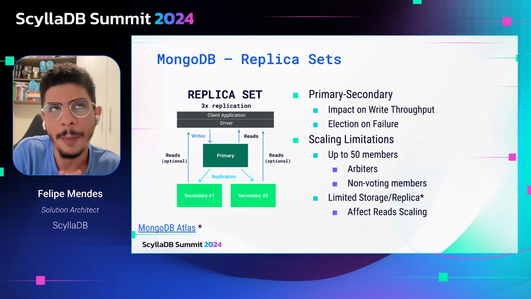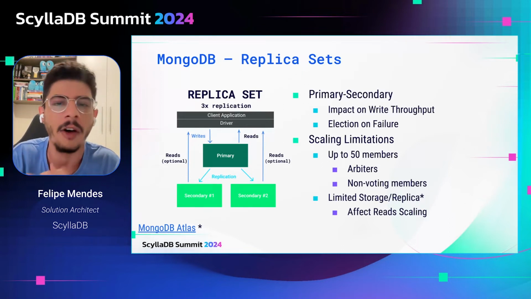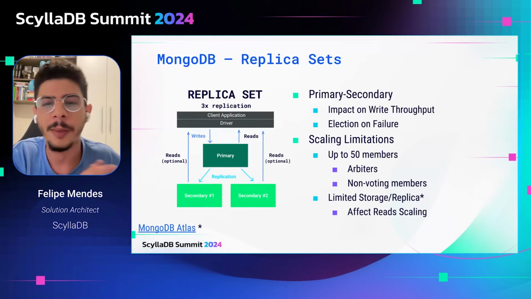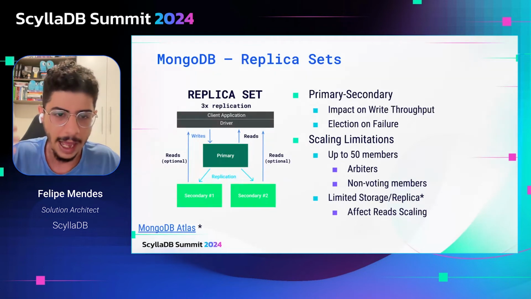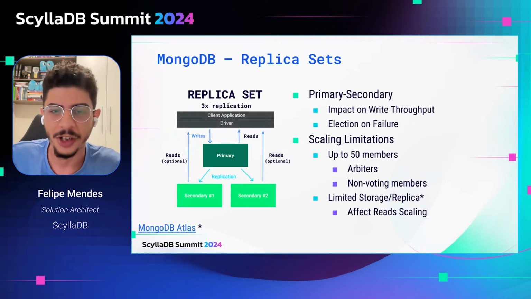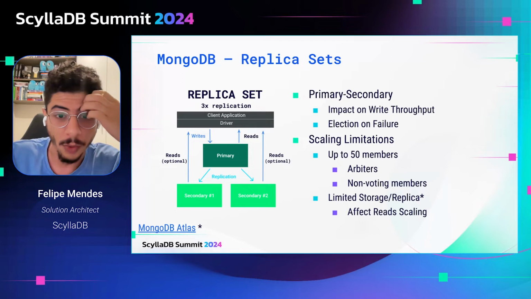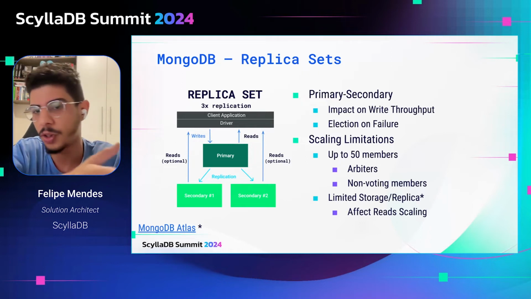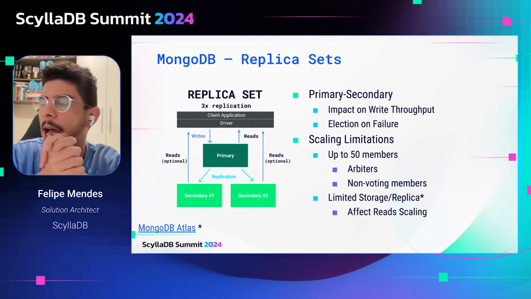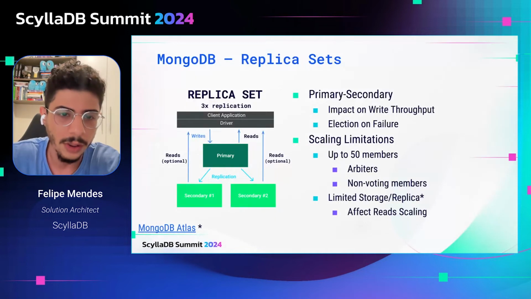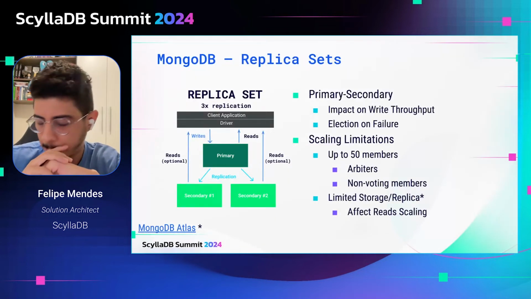The name replica set actually stems from the fact that adding more members to it won't spread or shard your data. In other words, all members within a MongoDB replica set will eventually hold the very same data set.